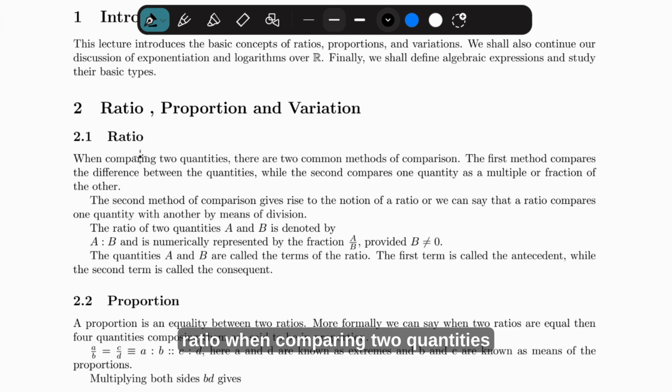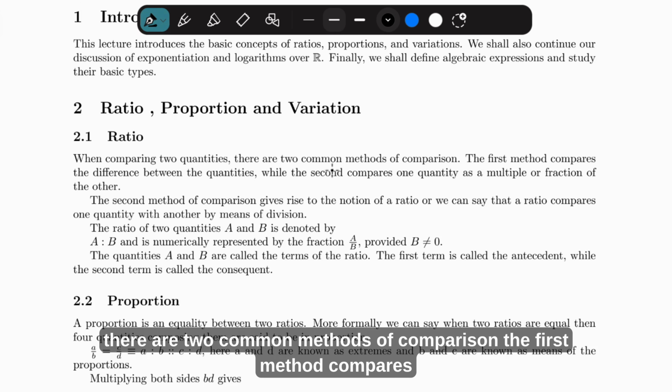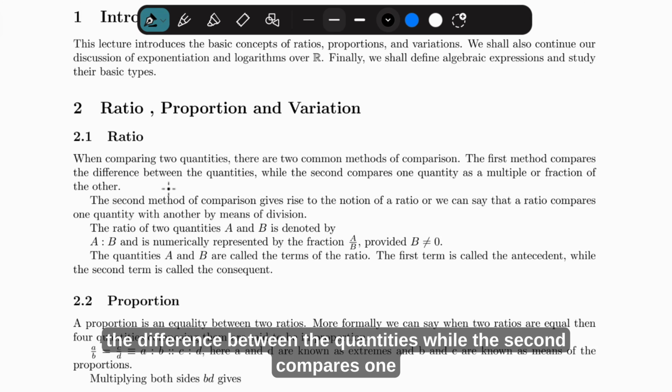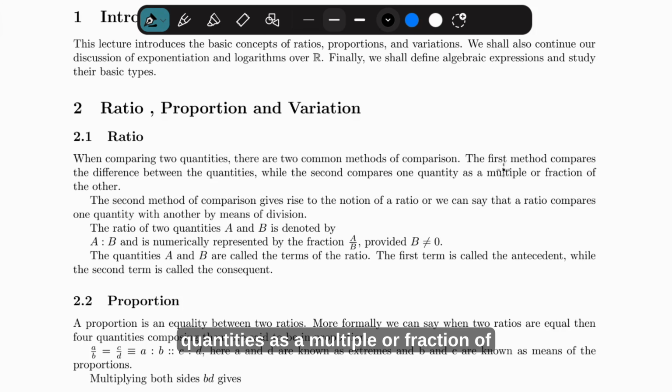So ratio: when comparing two quantities, there are two common methods of comparison. The first method compares the difference between the quantities, while the second compares one quantity as a multiple or fraction of the other.